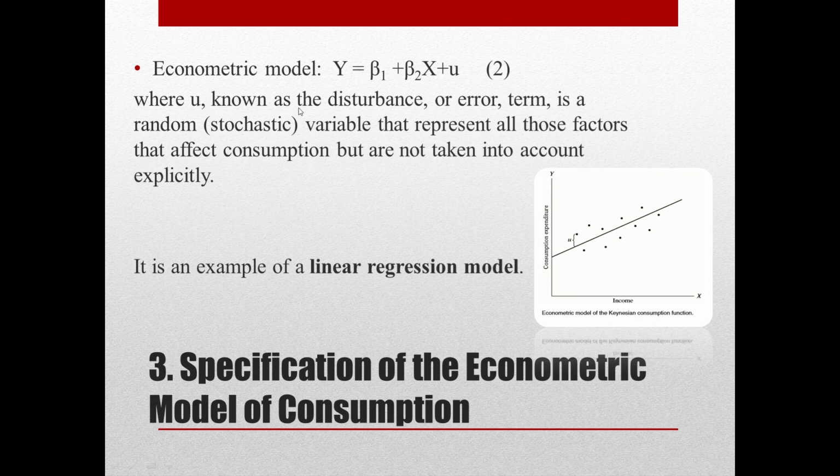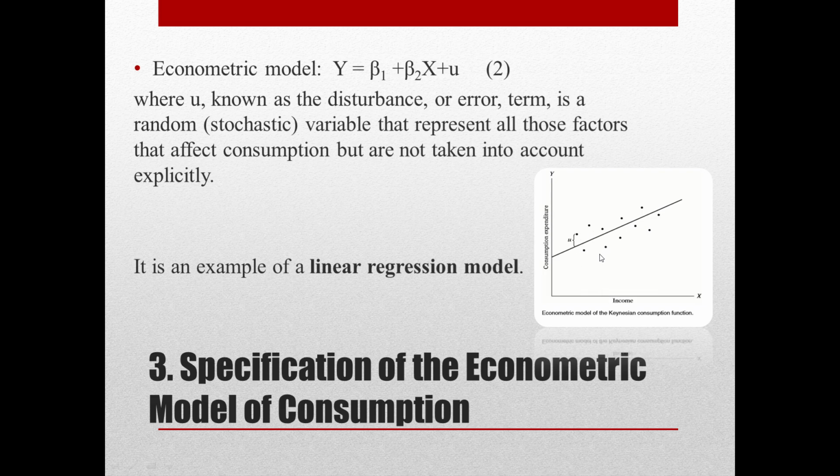Here mu is known as the disturbance or error term and is the random stochastic variable that represents all those factors that affect consumption but are not taken into account explicitly. Like you can see in this graph, there are observations that do not follow the linear relationship between consumption and income.